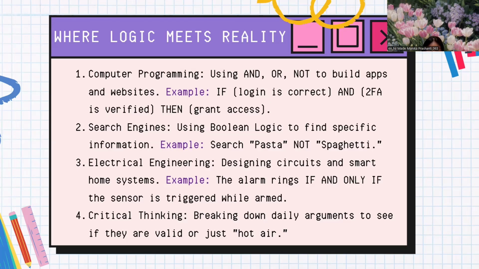Finally, beyond machines, logic is a tool for critical thinking. It helps us take a complex political or marketing argument and strip away the emotion to see if the underlying structure is actually sound or if it's logically false.